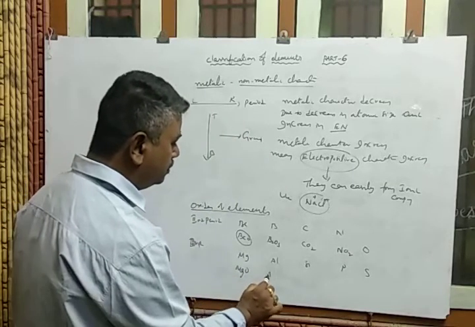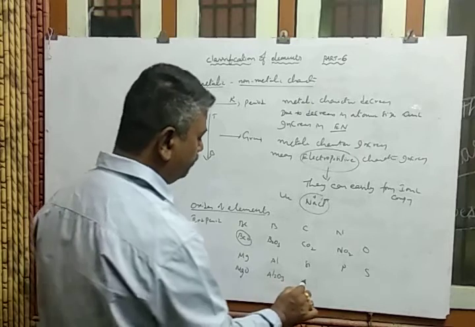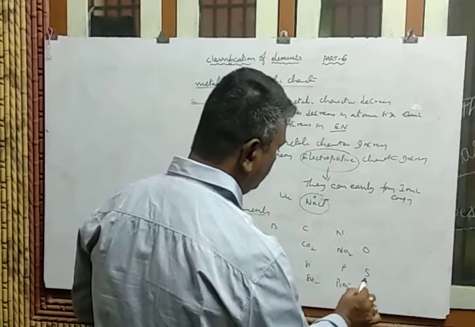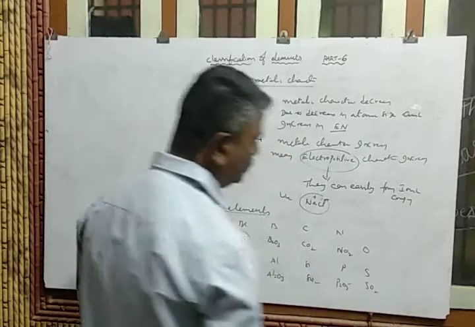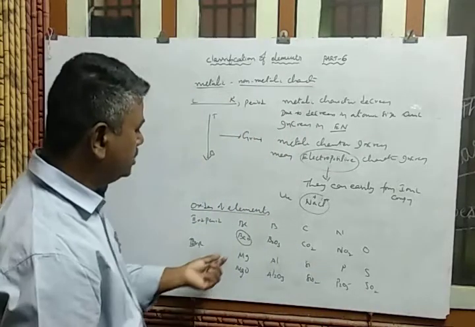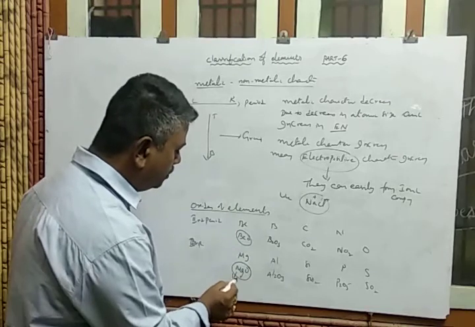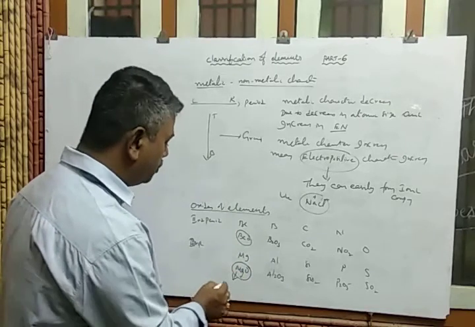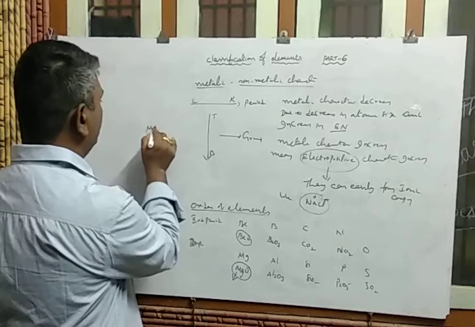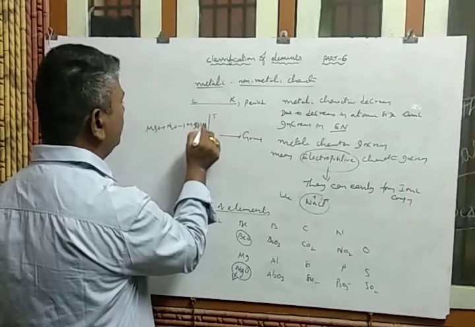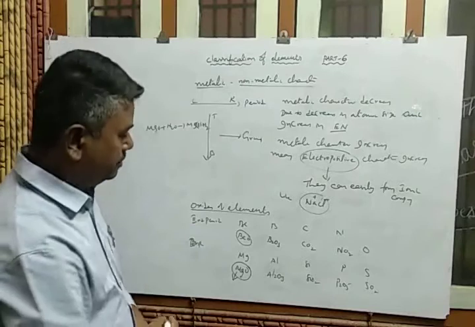MgO, Al2O3, SiO2, P2O5, and SO. Once you observe these oxides, when metallic oxides are dissolved in water, MgO plus H2O gives their respective hydroxides, which are basic in nature.